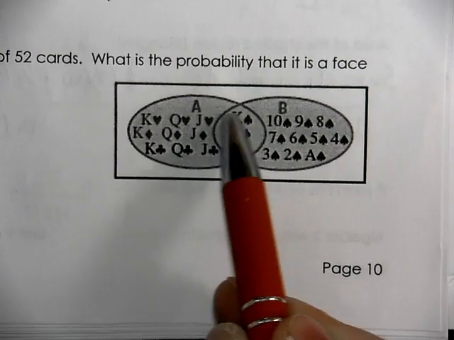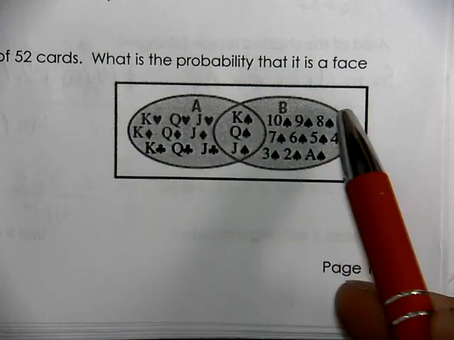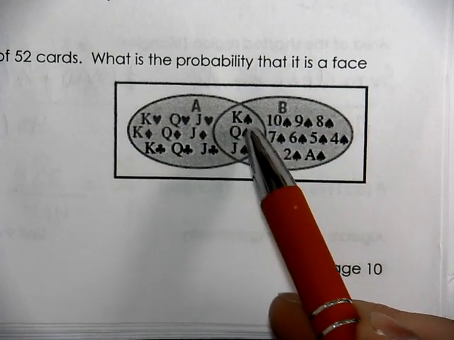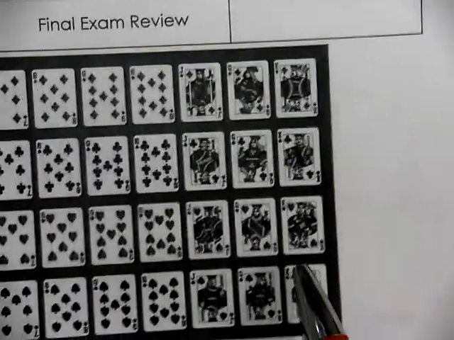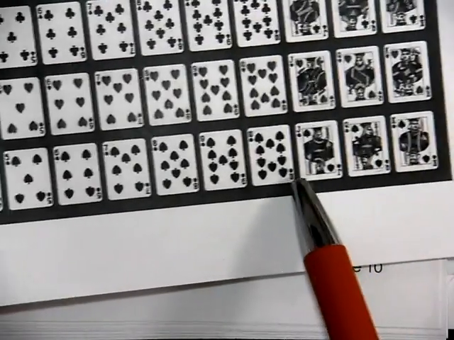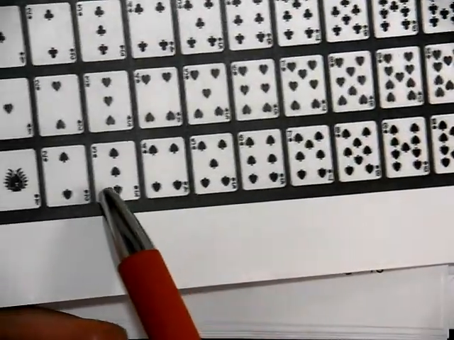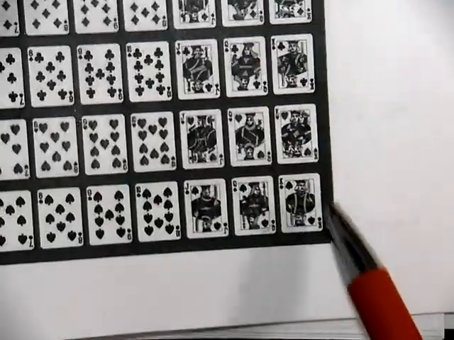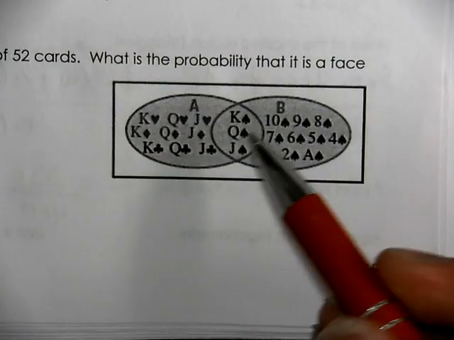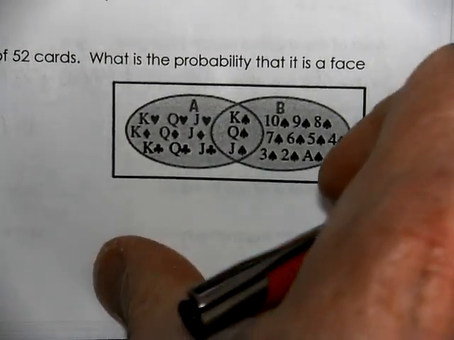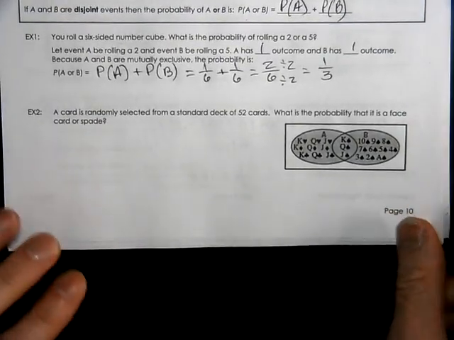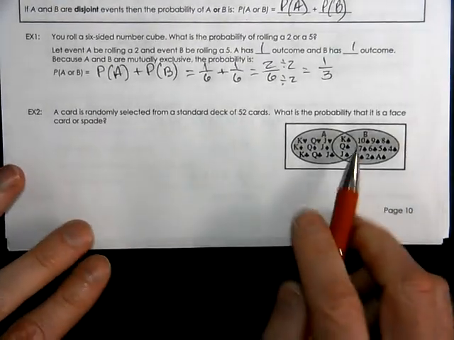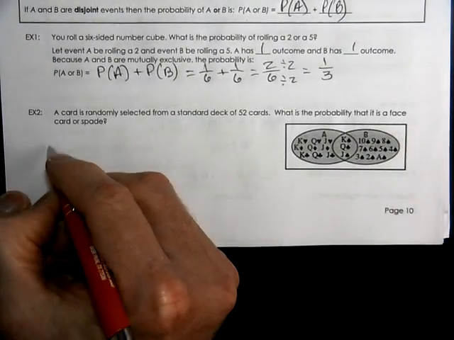These are the 12 face cards. And event B is all the spades. And if you look here, you have all the spades. So there are 13 spades here. There are 12 face cards here. So you can notice that you're going to overlap. If you count the 12 face cards and if you count the 13 spades, you overlapped. You counted some of them twice.